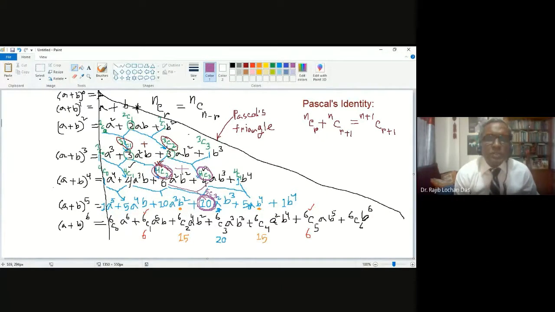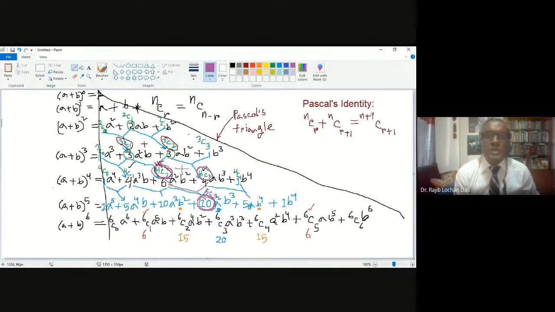Is that okay? Do you understand what I'm saying? Two numbers in the previous step will be added together, then you will get the number in the next step. So what is the position? Position is 4c2 plus 4c3. So I am writing nCr plus nC(r+1).